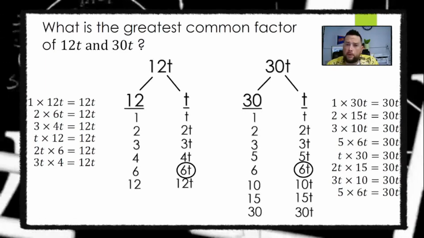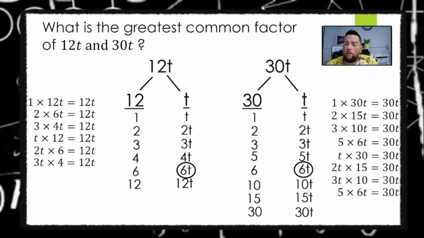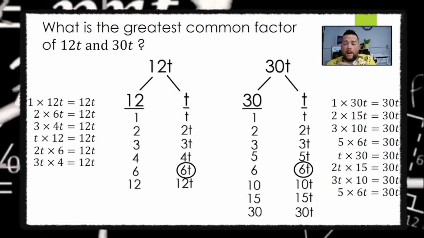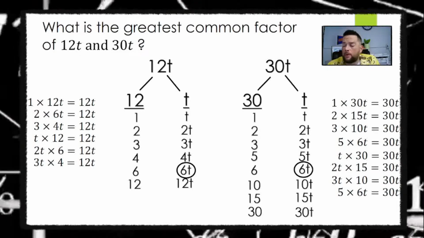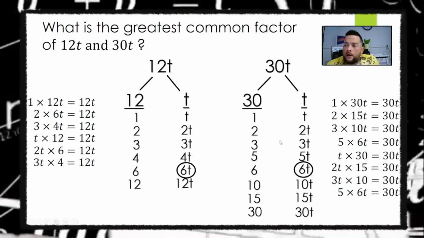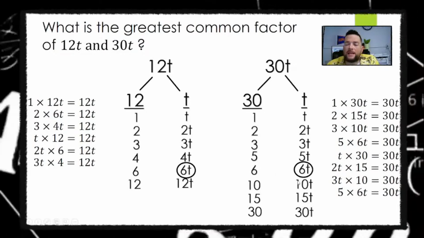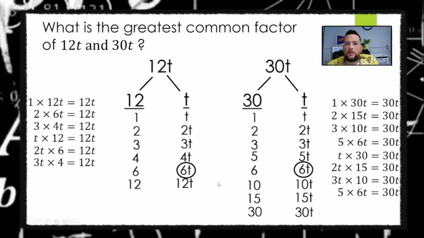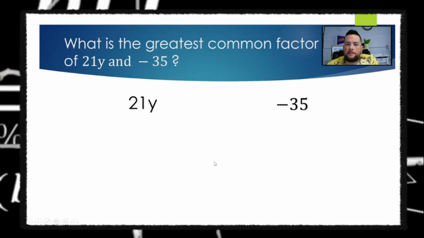If they don't both have the variable, then obviously that won't be in both lists. You'll just include the greatest common number, all right? Greatest common factor is the number. But if they both include the variable, if you see it with the variable on both sides, that's the greatest common factor. So in this case right here, 6t would be the greatest common factor, right?